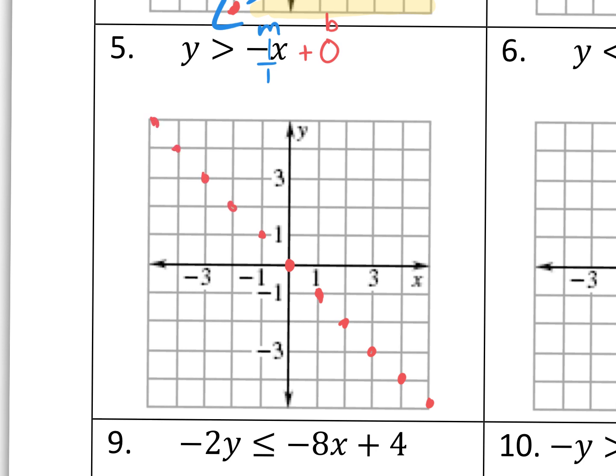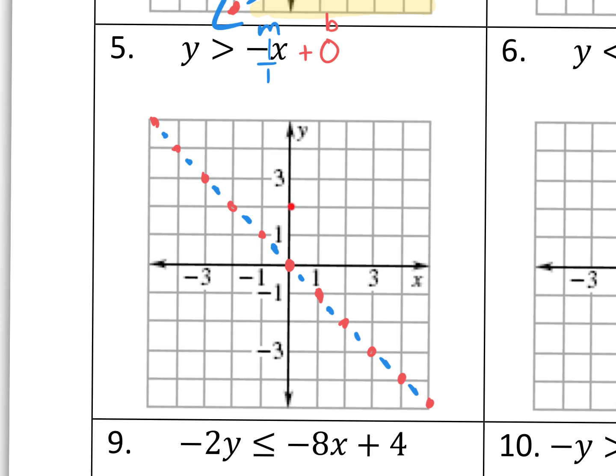And then you got to ask yourself, is this going to be a solid line or dotted? Obviously, it's not going to be a solid line. It's going to be a dotted line. So we put some dots between the dots. And then we have to ask ourselves, are the answers above or below? What do you say? Are they above or below? Above. Because y is greater than. If you put your pencil on any dot on this line, doesn't matter which dot it is, you could put it here.